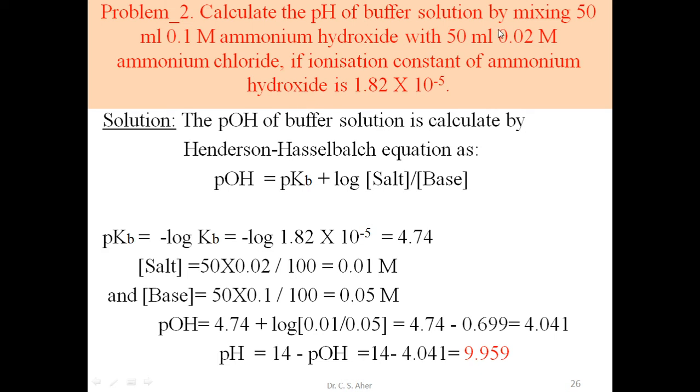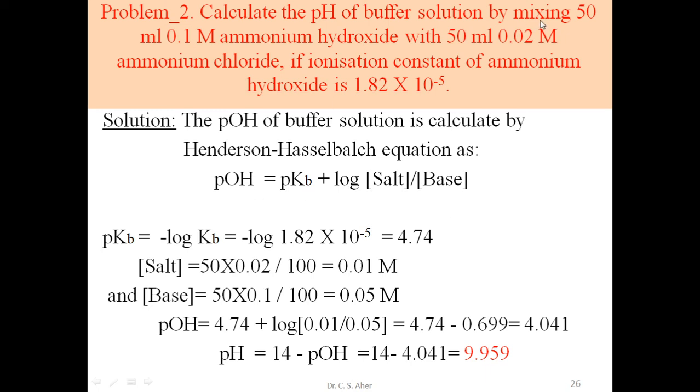So this ammonium hydroxide is a base, and this ammonium chloride is a salt. So this mixing is a basic buffer, and thus the pOH of a basic buffer is calculated by the Henderson-Hasselbalch equation as pOH is equal to pKb plus log of salt concentration upon base concentration.